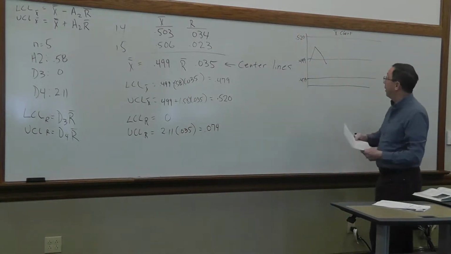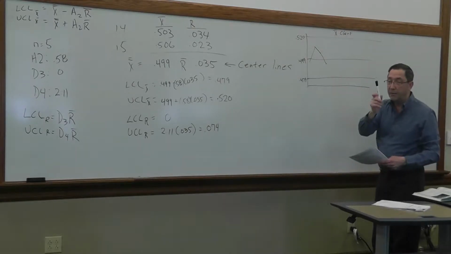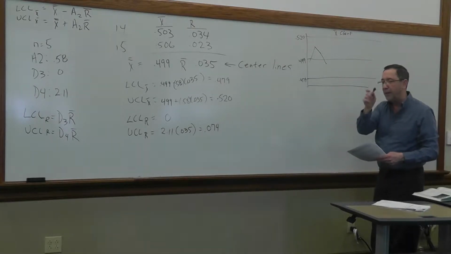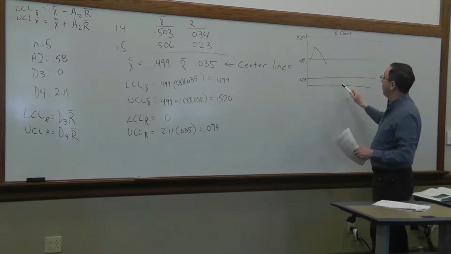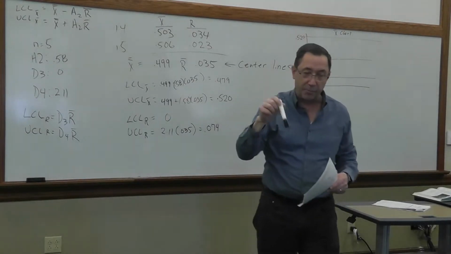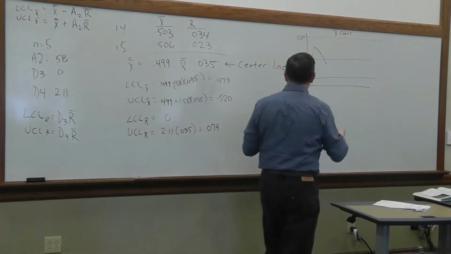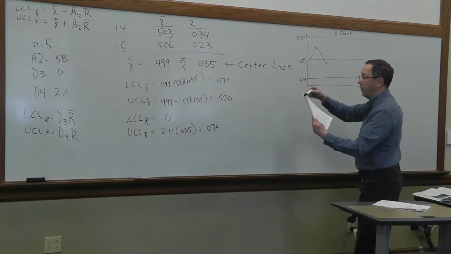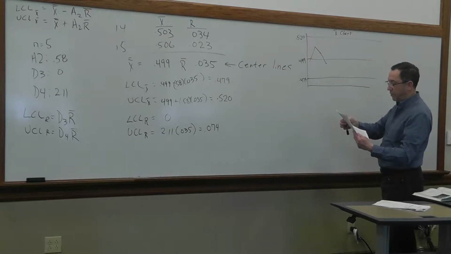You could look for the most obvious pattern, looking for a sample mean, for example, if it's an X bar chart, or a sample range that is outside the control limits. Without even plotting, you can scan down your X bars and see if there's anyone bigger than 0.520.